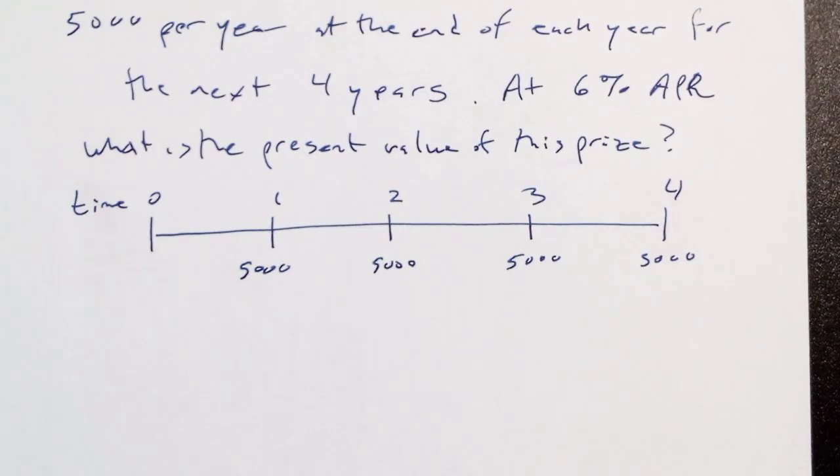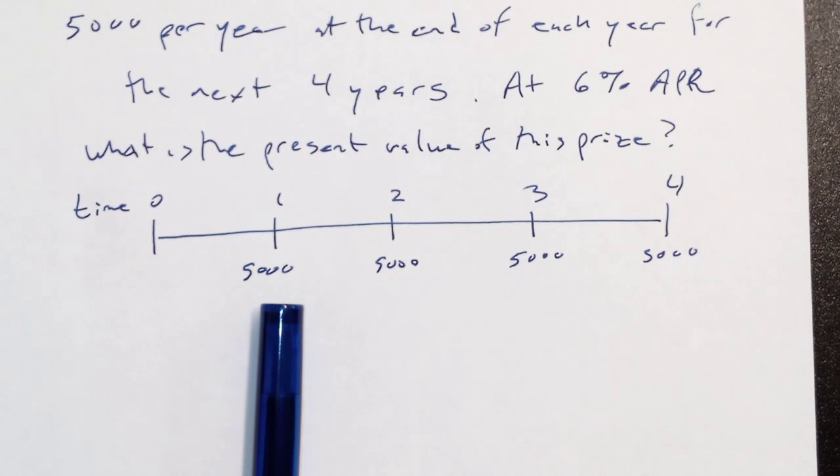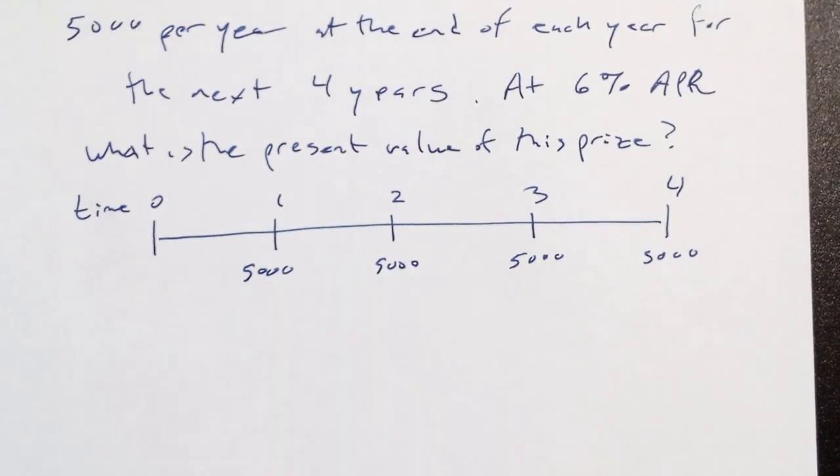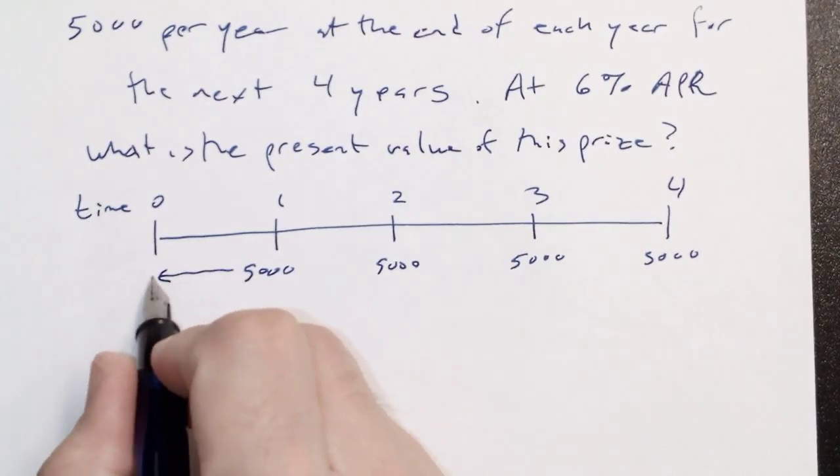How much do I need on hand today to write you that check in a year? I want to take this $5,000 and back it up to today.